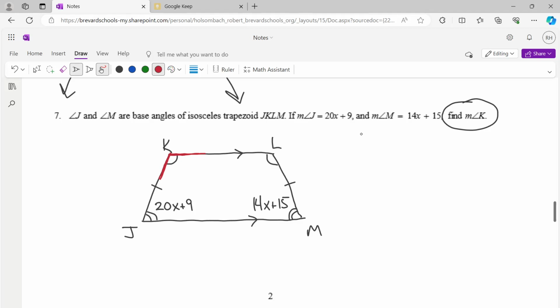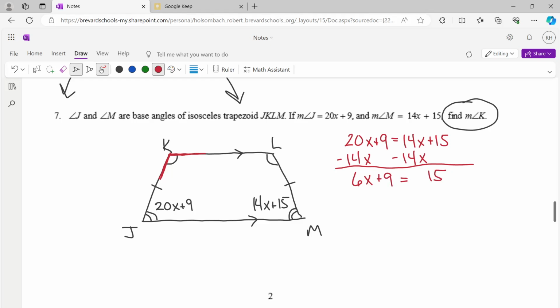We're going to take 20x plus 9 and set it equal to 14x plus 15. Subtract 14x from each side. So 6x plus 9 is equal to 15. Subtract 9 from each side.